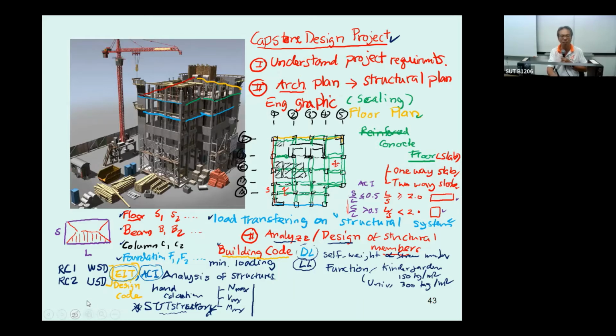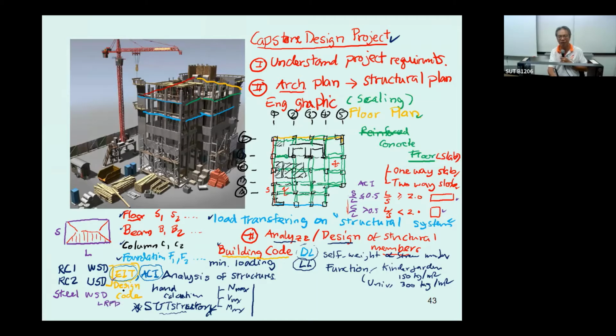You also study the steel design. That is going to be another code. The EIT has the steel design for working strength design most of the time. Or you may also use the LRFD.